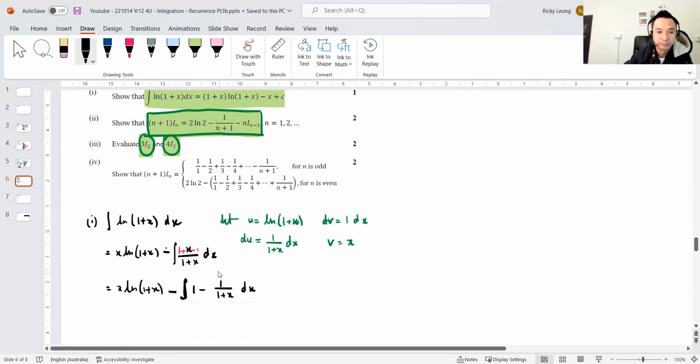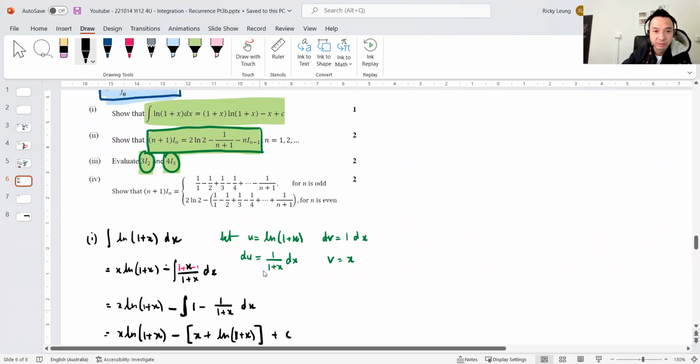And I go again, this is 1 mark, man. I guess it's not hard, but it's a lot of work for 1 mark. X plus, that's ln, plus c now.